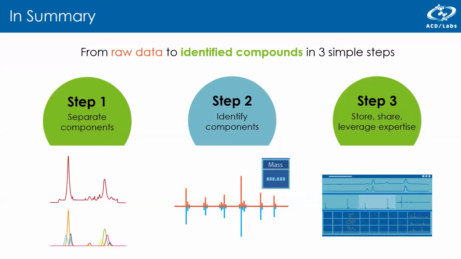And then we moved on to the next step, which was the identification of the components. That identification was done in one of two ways. Through IXCR, we did a spectral search of either a user-created database or a commercially available database that is available in our format. So that was the Wiley-NIST database.